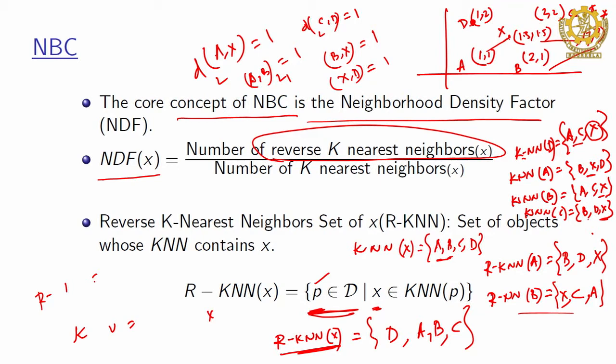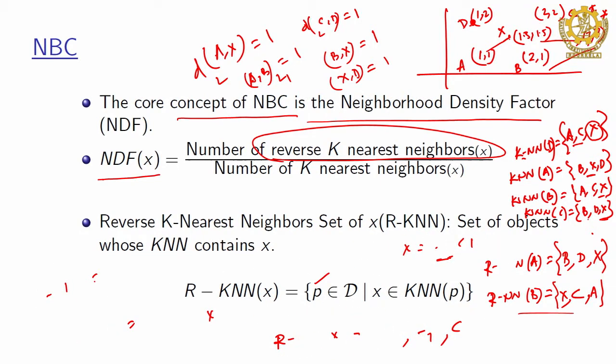Okay. Now, we will come to the discussion here. For the reverse KNN, K value is 2, but before that, what do you have to do? You have to compute the KNN of all points, then only you can compute the reverse KNN.